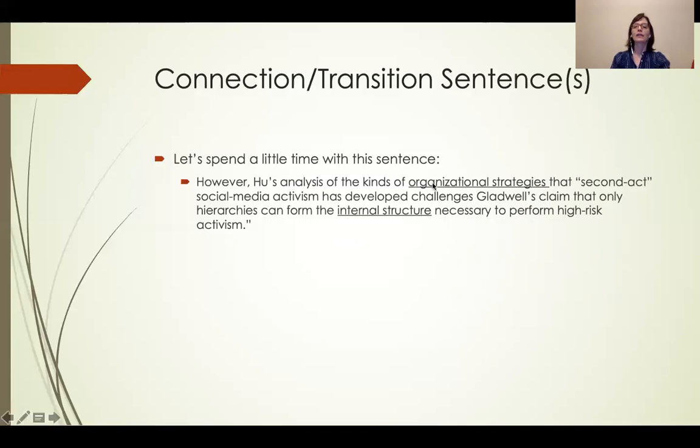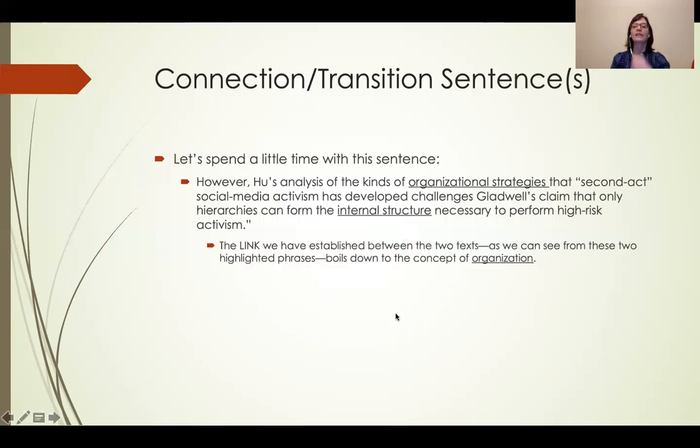So for Hugh, the focus in her text is on organizational strategies. And the focus for Gladwell, his claim, is on internal structure. And what that reveals to us is that the link we've established between the two texts for this body paragraph, as we can see from these highlighted phrases, boils down to the concept of organization.